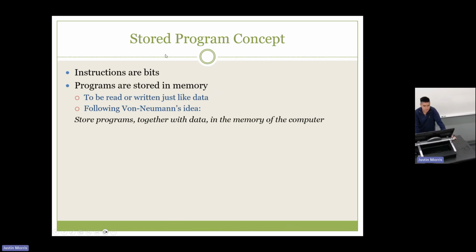So we are using the stored program concept, also known as the von Neumann architecture. Instructions are bits, and programs are stored in memory, and they are able to be read or written just like data. So we store programs with the data in the memory of the computer.